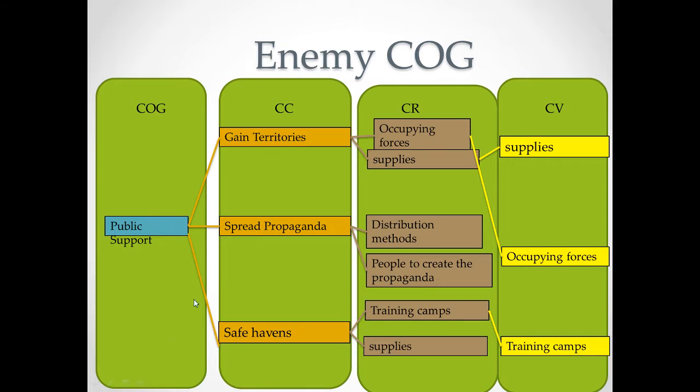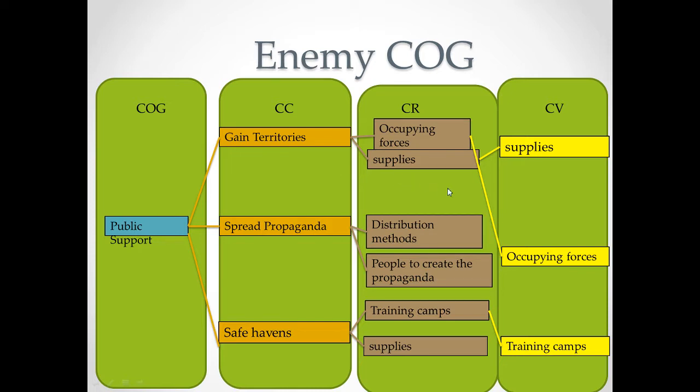If they have public support, then they're allowed to do these three critical capabilities, like we discussed. What are some critical requirements they need in order to do this? They need to gain territories, occupying forces, and supplies. Okay, welcome to target. Oh, what do you know? We've got some pretty awesome interdiction capabilities. And we're also really good at killing people. So those are two things we can target for their critical vulnerabilities in order to degrade and defeat their cog.